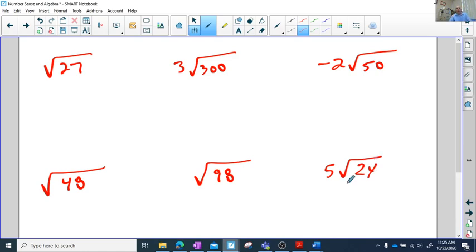Okay, so here's 6 radicals. So if you want to pause the video and try these on your own, it'd be a good idea. I'm going to now go through the solutions.